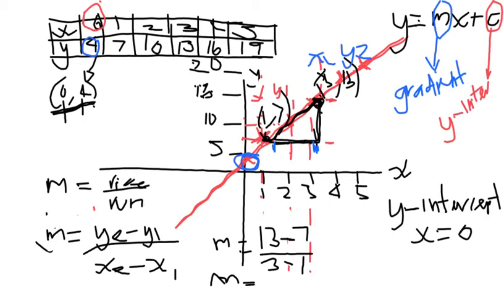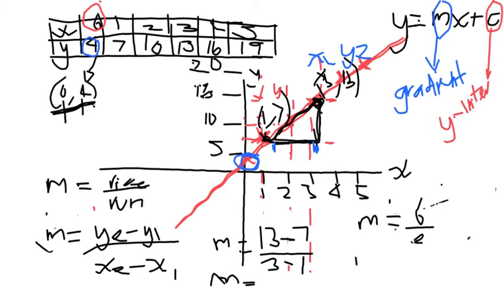I'm going to move this over here. So I'll rub out our y-intercept. Okay, so m equals, what's 13 take 7? It's 6. What's 3 take 1? 2. Then we just have to do the division. What's 6 divided by 2? It's 3. So we know that our gradient equals 3.